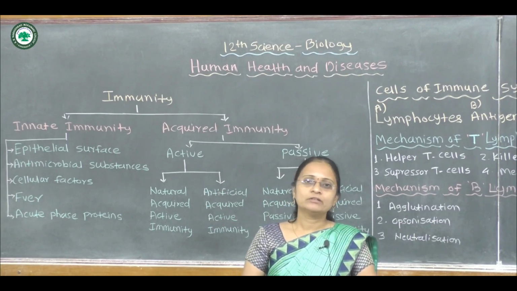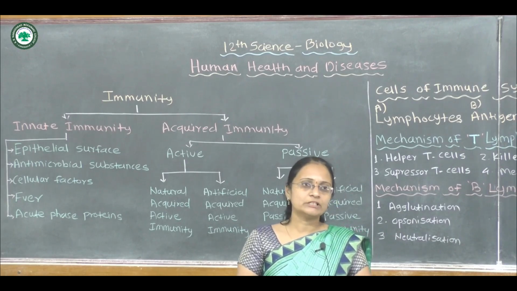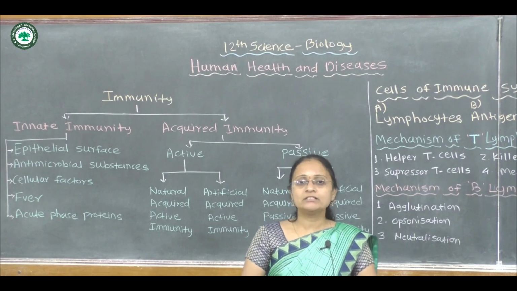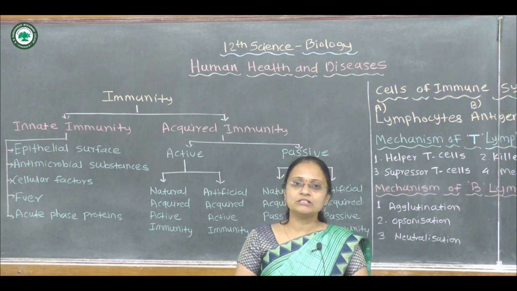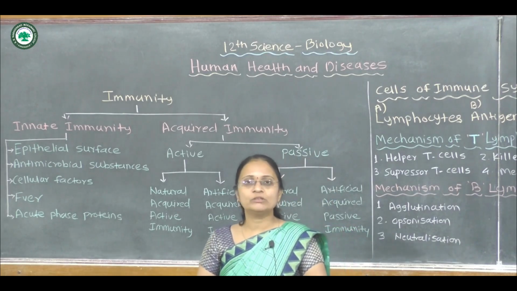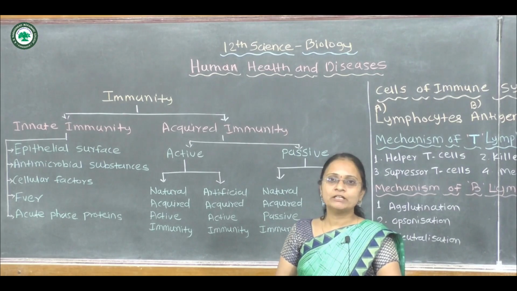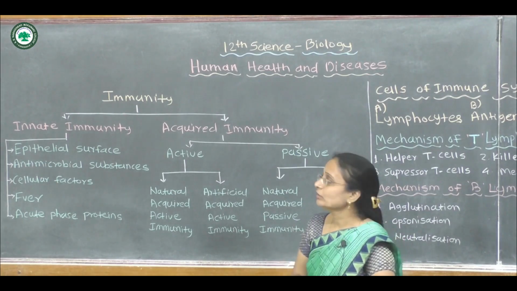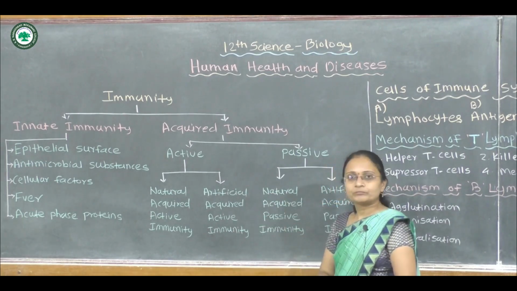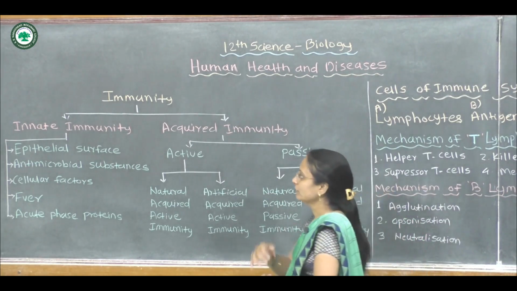If we are suffering from any disease, the body first tries to repair itself automatically. Why does this take place? Because the immune system plays a very important role in our body, to fight and resist. Now this chart shows the two types of immunity present in our body.